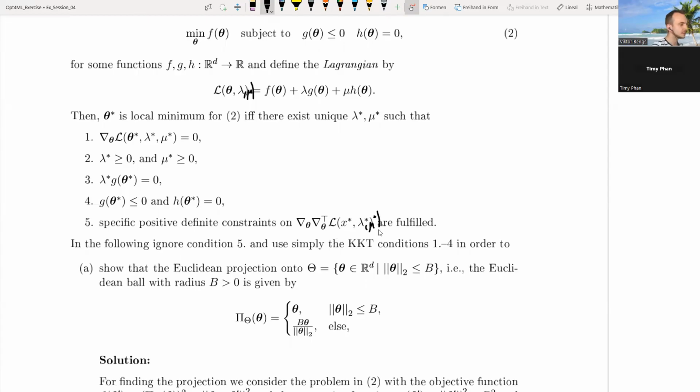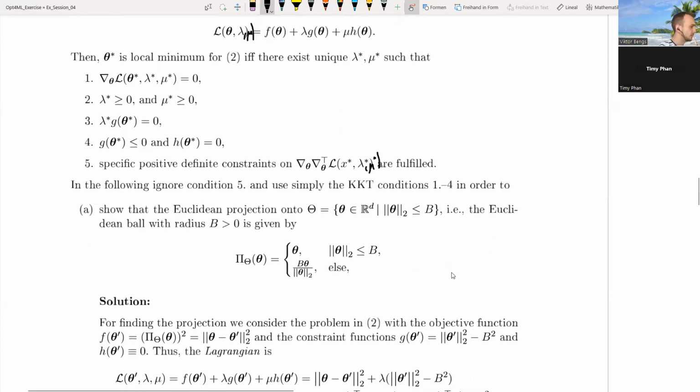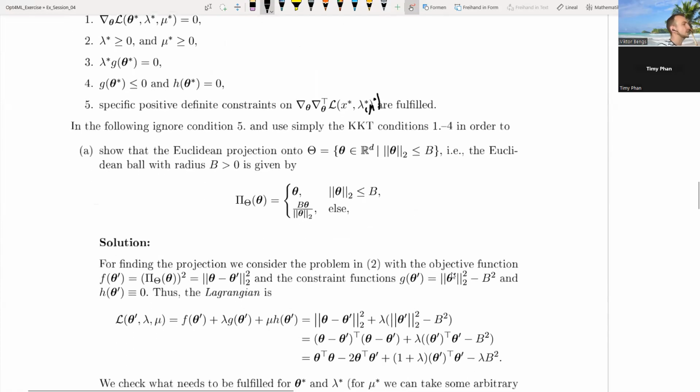But we will ignore this fifth condition and simply assume it's fulfilled, which is in fact the case for every problem we will look at.